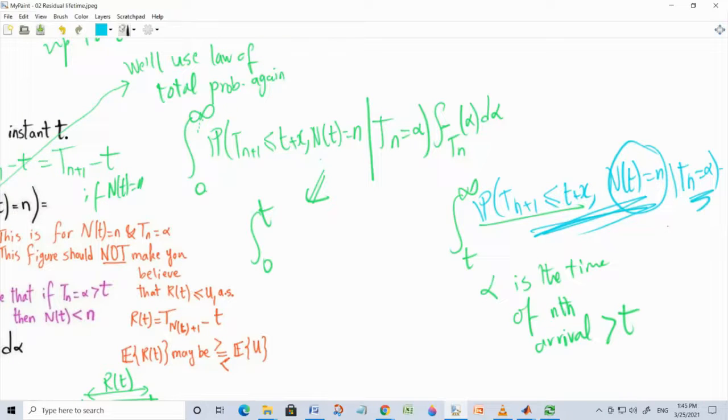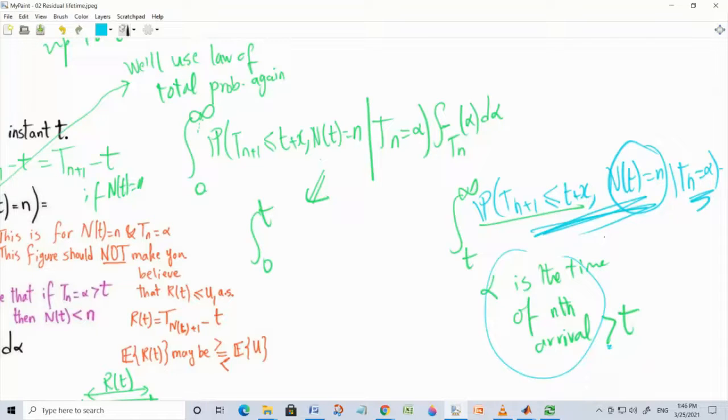Now we are conditioning on the time of the nth arrival. If the time of the nth arrival is strictly greater than t, it means that N(t) cannot be equal to n, because the nth arrival will happen after t. So basically, conditioning on T_n equals alpha, if alpha is greater than t, then this probability is exactly equal to 0.